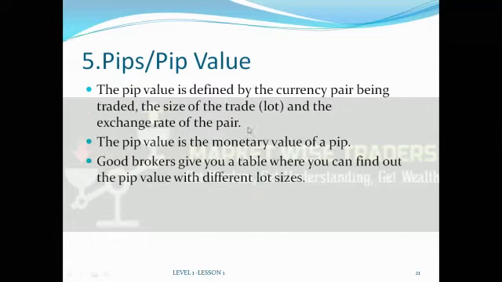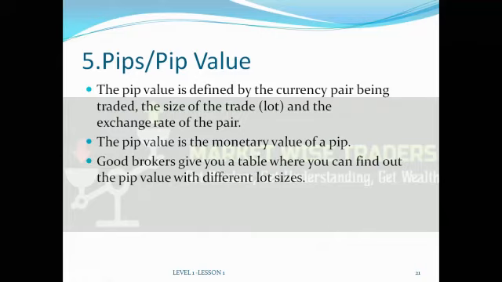The higher the lot size, the higher the pip value. So the pip value is defined by the currency pair being traded, the size of the lot, and the exchange rate of the pair. The pip value is the monetary value. So if you tell me you made 50 pips today, if you're trading a nano lot, that can be 50 cents.